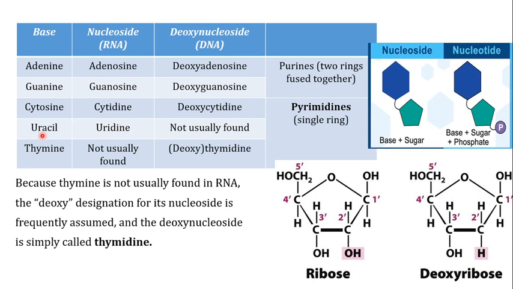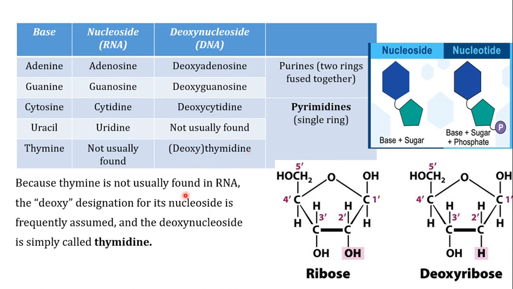This uracil is usually not found in the DNA, so we do not actually have any terminology for the deoxy form. When you talk about the thymine, this thymine again is usually not found in the RNA, but it is present in the DNA. That means thymine is the base, and when the deoxyribose is attached to it, we call it the thymidine or the deoxythymidine.